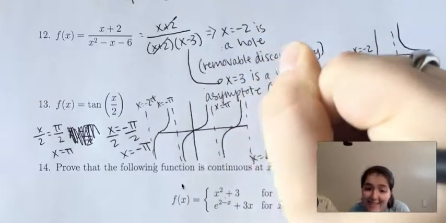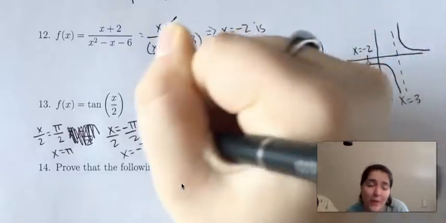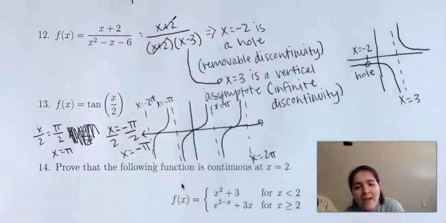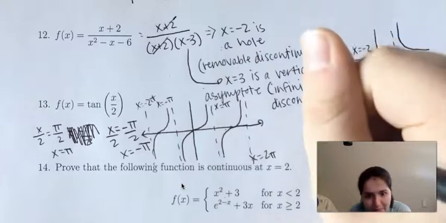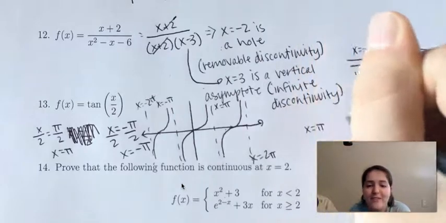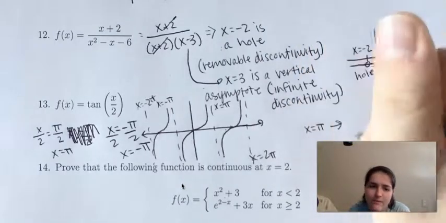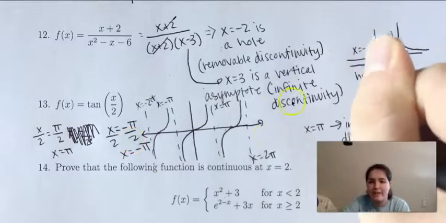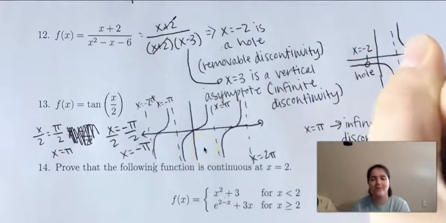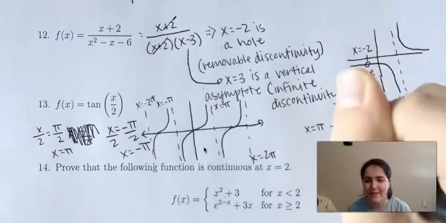And I'm sure maybe you know by now, since we've talked about it, that asymptote means infinite discontinuity. So it's a vertical asymptote, so it has infinite discontinuity because they're going forever in either direction. So there we have it for tangent. And again, I could keep drawing these forever, but you obviously will not do that.